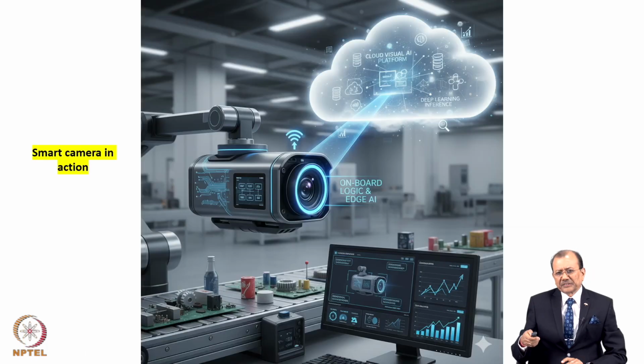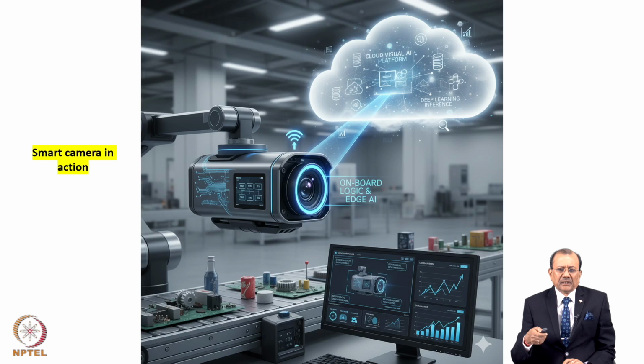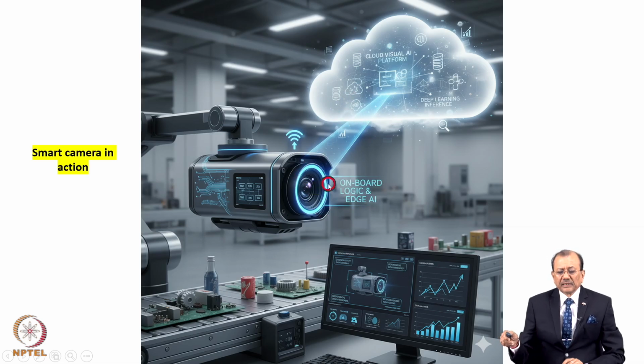Yes, and this is a simulated picture, thanks to Google Gemini, of what kind of functioning a smart camera has. I will not say this is a 100% exact picture, but it gives you a good feeling of how the smart camera you are seeing here has onboard logic, the way edge devices function, and it also refers to a backend system for knowing the kind of object, suppose we are using these cameras for finding anomalies or for inspection.